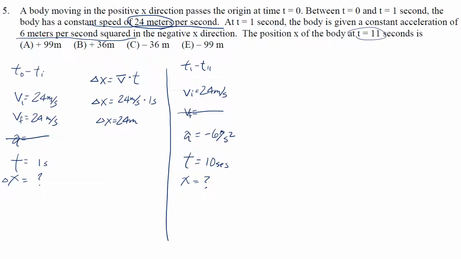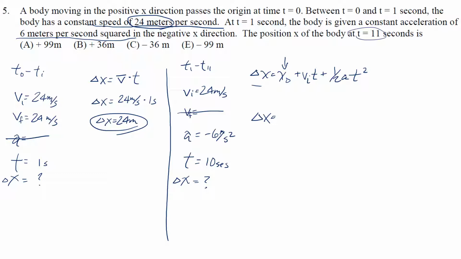So the equation I would choose is delta x is equal to x initial plus initial velocity times t plus 1/2 a t squared. And no need to rearrange the equation because delta x is already in the beginning. So let's just fill in the blanks. Delta x is equal to our initial position, which is right here.